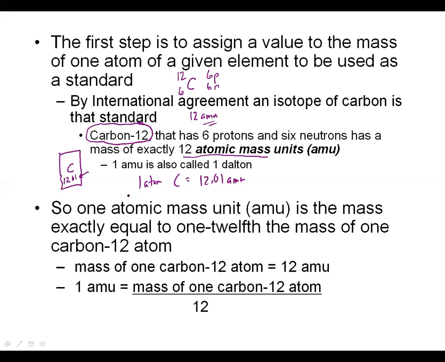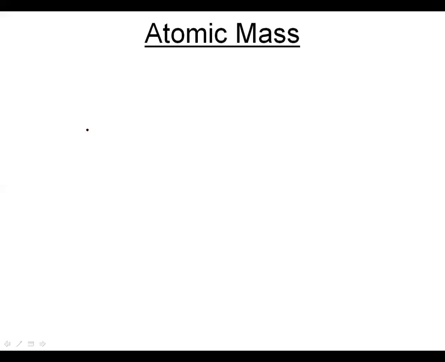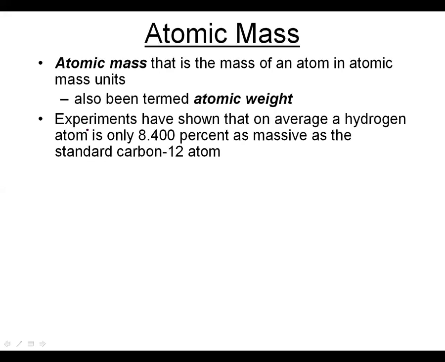They would say, hey, hydrogen is only 8% as big as the carbon-12 isotope. And they would do a quick calculation, and 8%, as we'll see on the next page, is about 1.008, which if you look on the periodic table under hydrogen, is what you would typically see there. And they did similar calculations for all the elements on the periodic table.